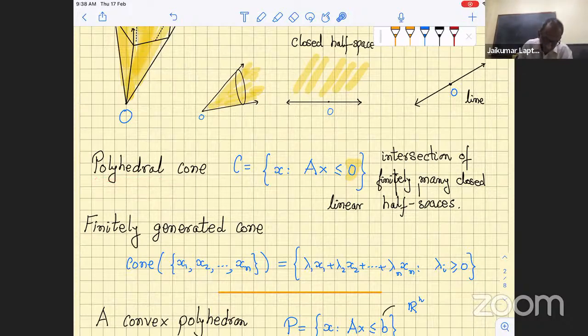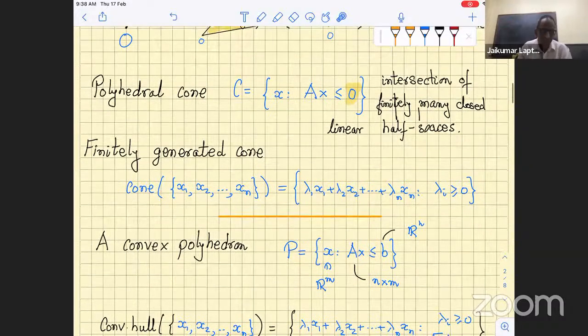On the other hand, the kind of cones that we just discussed, where you were given some rays and you just said, I will take all conic combinations. Conic combination means non-negative linear combination. All the coefficients that you have to choose have to be non-negative. So you put these conic combinations together and what you get is this cone.